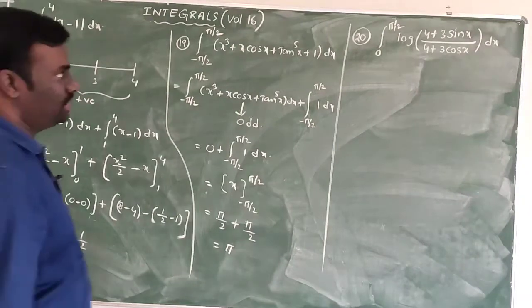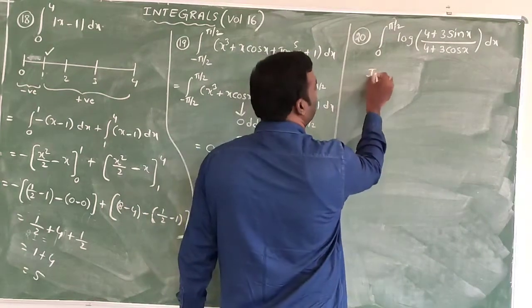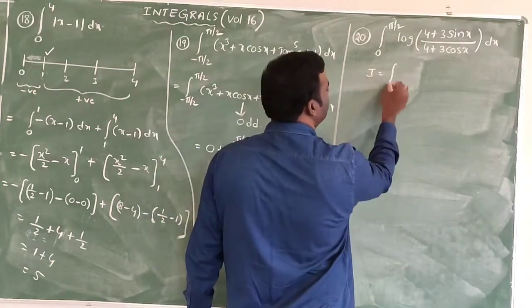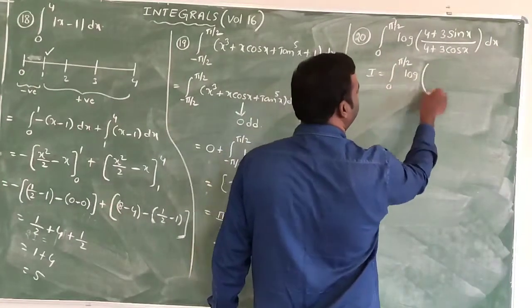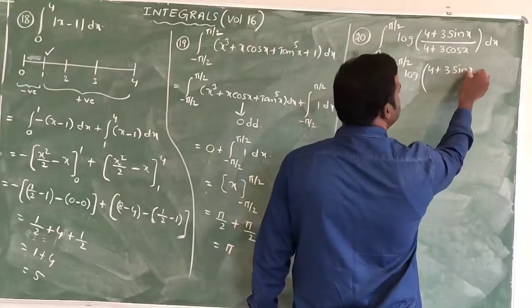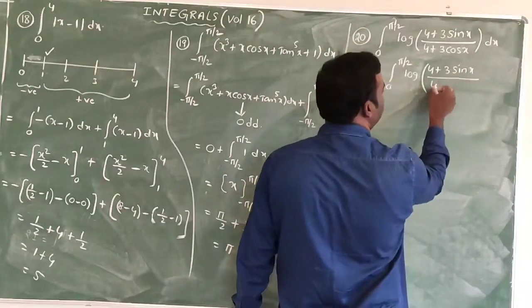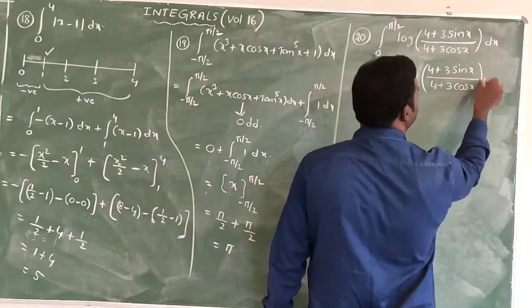Listen. First, I take this value as I equals integral 0 to pi by 2 log of (4 plus 3 sin x) by (4 plus 3 cos x) dx.